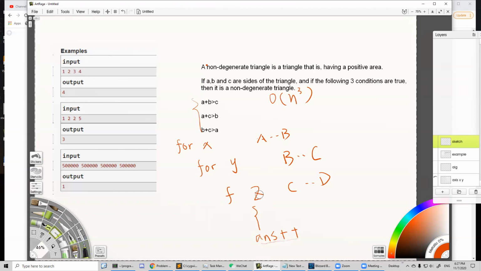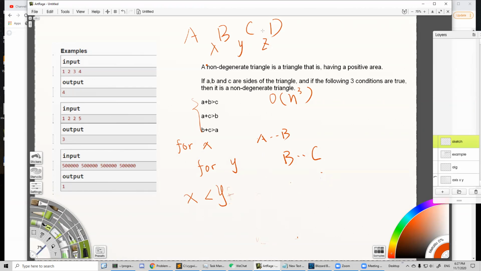Because we can easily get that x is smaller than y, since we have A, B, C, D. X is from A to B, Y from B to C, Z from C to D, right?